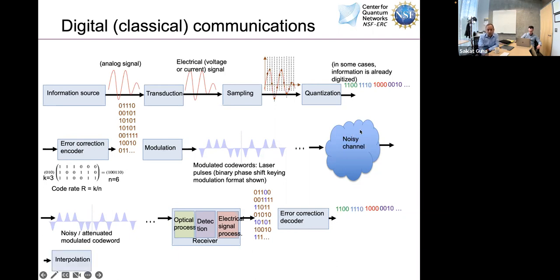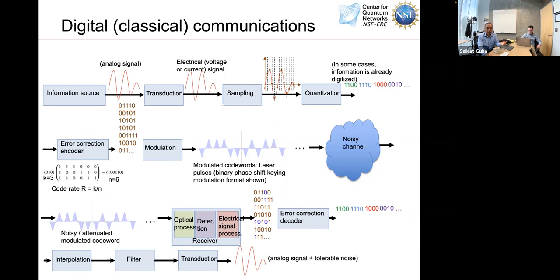And then after you get that digitized information back, it has to go through the same set of steps in reverse. So you go through interpolation, then filtering, and then a transduction back from your computer's electrical signal to a sound waveform using your speaker, and then you're hearing back what I'm saying, hopefully plus some tolerable amount of noise, so you can understand what I'm saying.